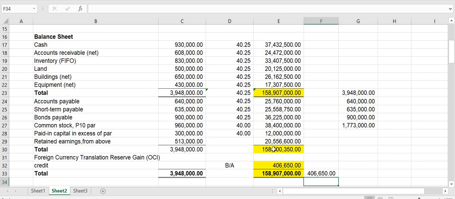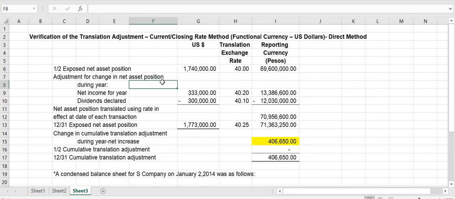Again, it shall be presented in the other comprehensive income, yung cumulative translation adjustment. Okay, so it will not pass through the profit or loss. Okay, so you can actually verify that, the verification of translation adjustment using current or closing rate method.